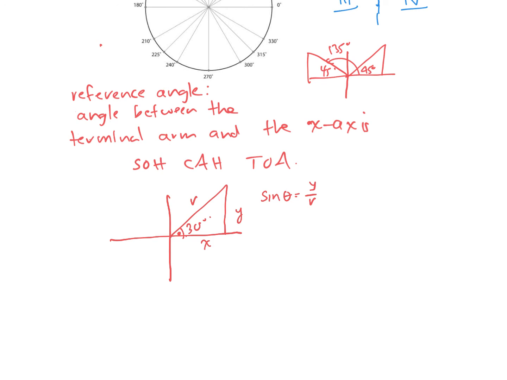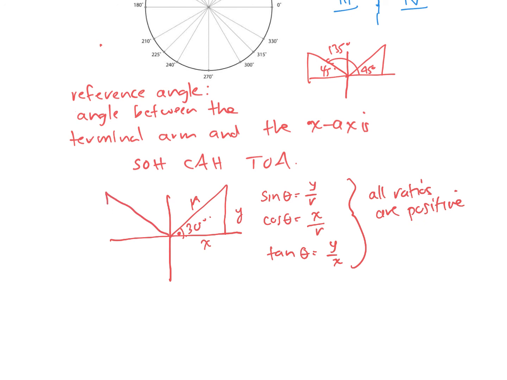Cosine is the adjacent side over the hypotenuse, and tan is the opposite over the adjacent. So all three ratios are positive, because in quadrant 1, x and y and r, the hypotenuse, are always positive values. Remember that the hypotenuse will always be positive because we determine it by the Pythagorean theorem, which means we square x and y, so that will always be positive.